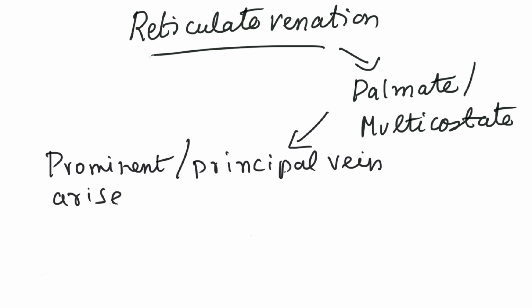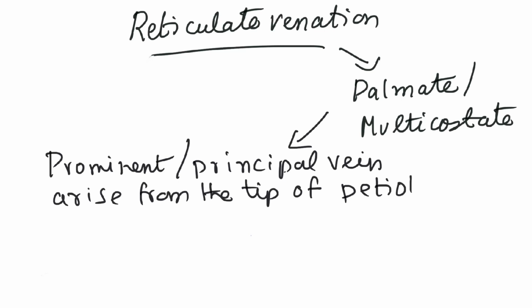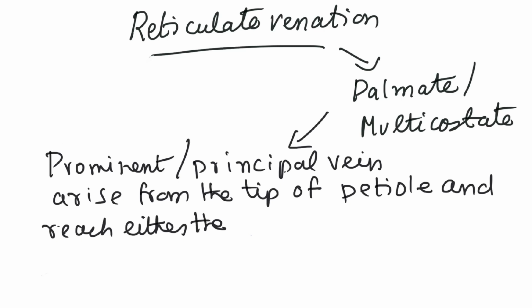So basically, from the petiole, that's the part which connects the leaf to the stem, we have a principal, meaning a very important, single vein coming out, and it reaches the margins. So that's a key point.